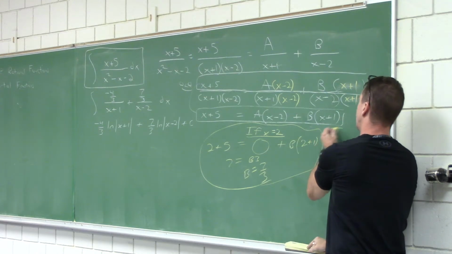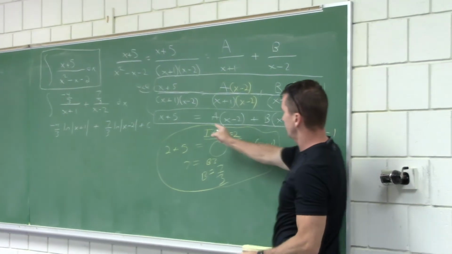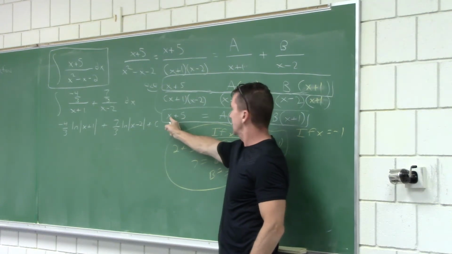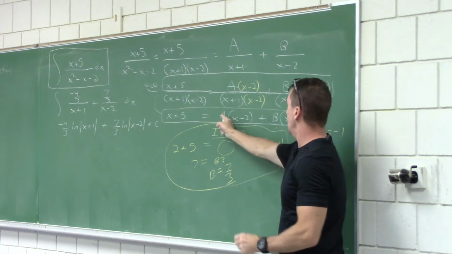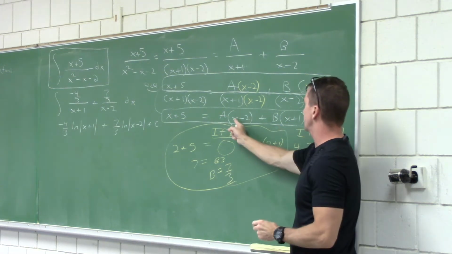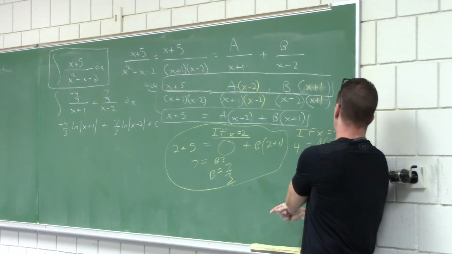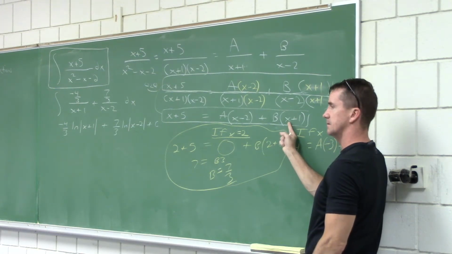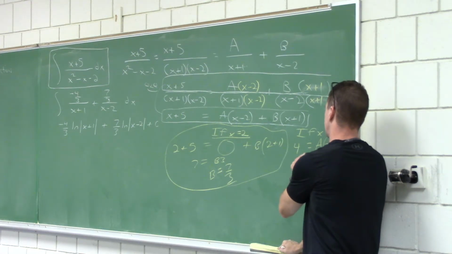So what if x equals -1? Maybe this time I don't have to do as much writing. Plug in -1 right there. -1 plus 5 would equal 4. A times, what's -1 minus 2? -3. Plus, what happens when you put a -1 there? 0. And what do you get for A?